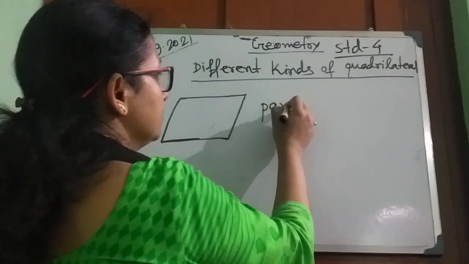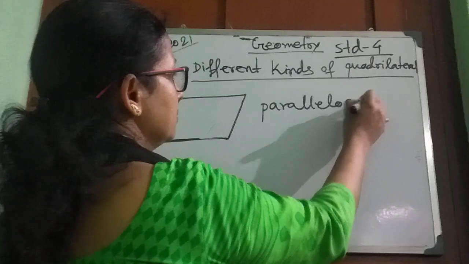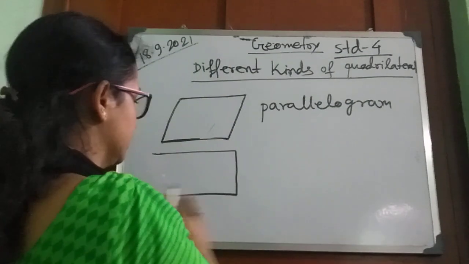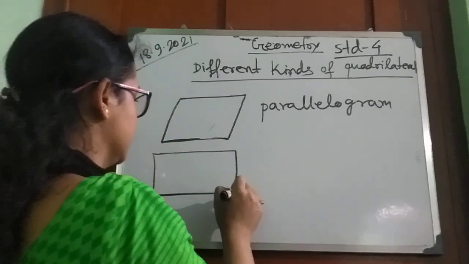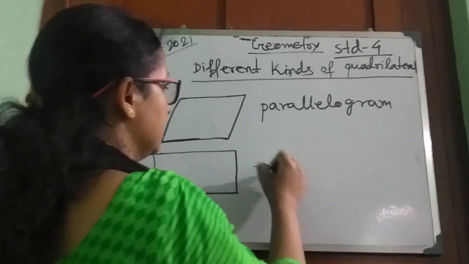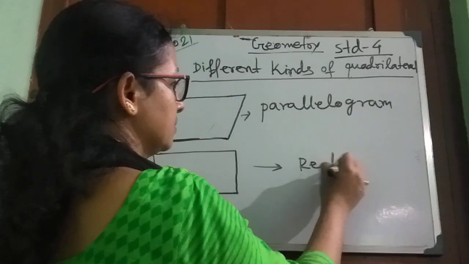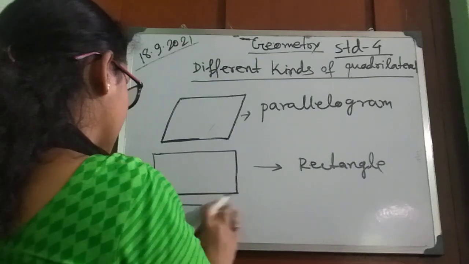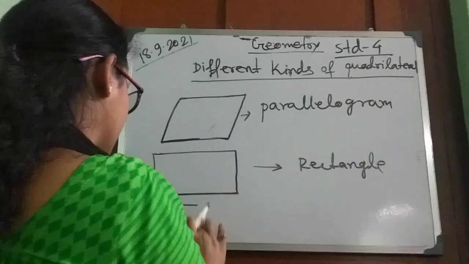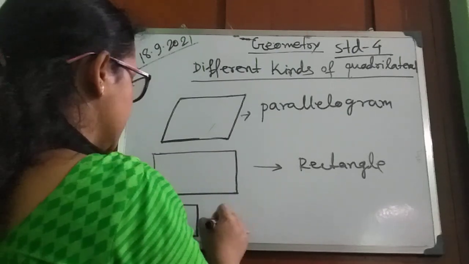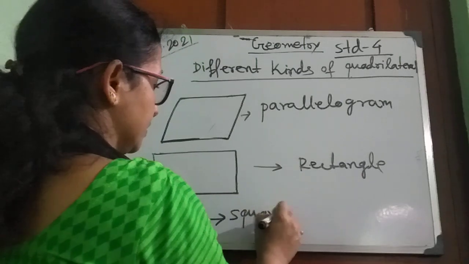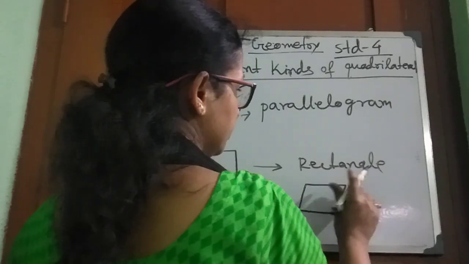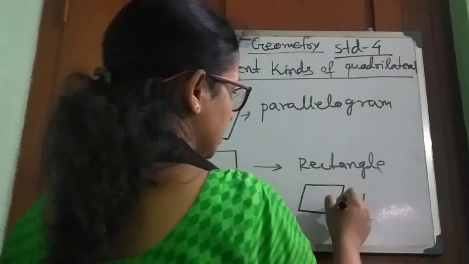It is a rectangle. It is a square, and then one rhombus.